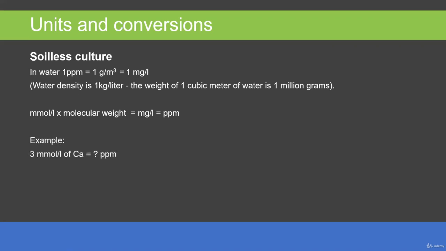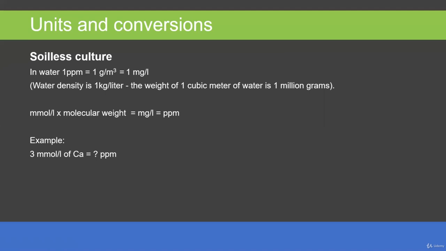We want to convert 3 millimoles per liter of calcium to parts per million. How do we do this conversion? Let's see some answers. Okay, we're getting some answers here. Some are right, some are wrong.